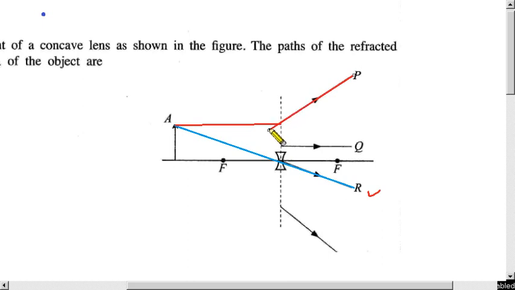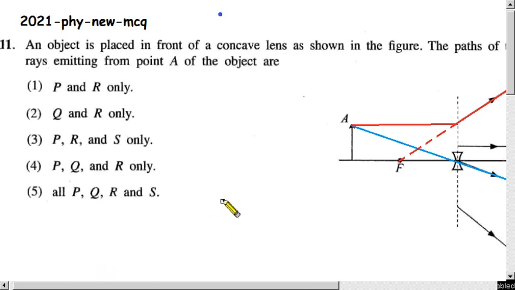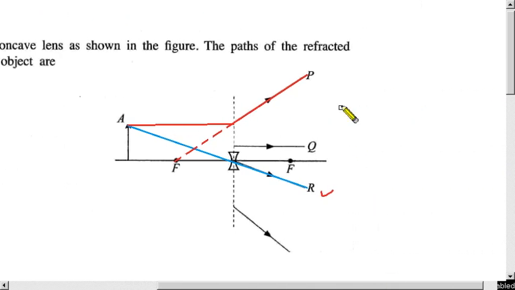So when we extend this backward like this, it crosses like this, so that ray is therefore correct. However, the ray should cross the focal point. So then this ray is correct. The B is correct.